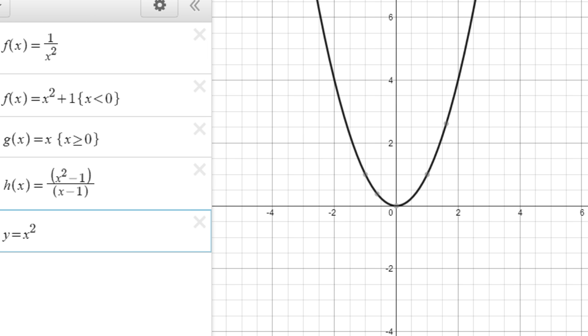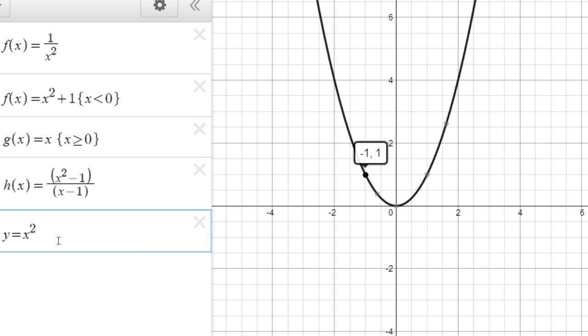A function is continuous at x equals c, so in other words, at x equals -1, if it's defined there, that's number one. In other words, I get an answer. The function approaches the same value on the left and the right side, so that's number two. I approach it from each side. And the y value is also the answer, so I do have a y value here. Something that would not satisfy this would be something like this.